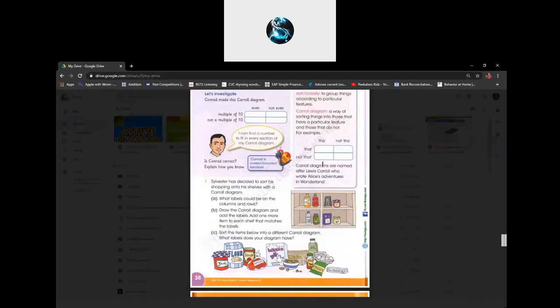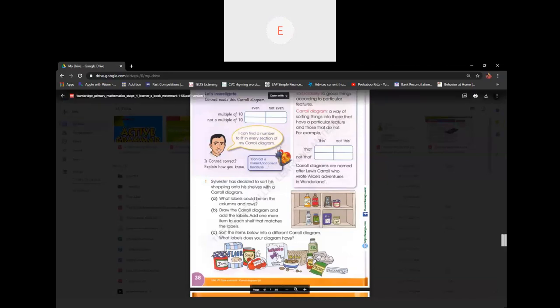Okay, nice. So you can do 1B and 1C. 1B: draw the Carroll diagram and add the labels.